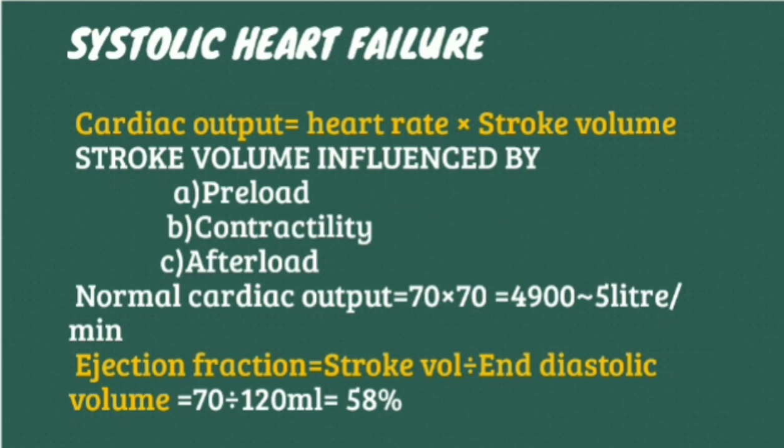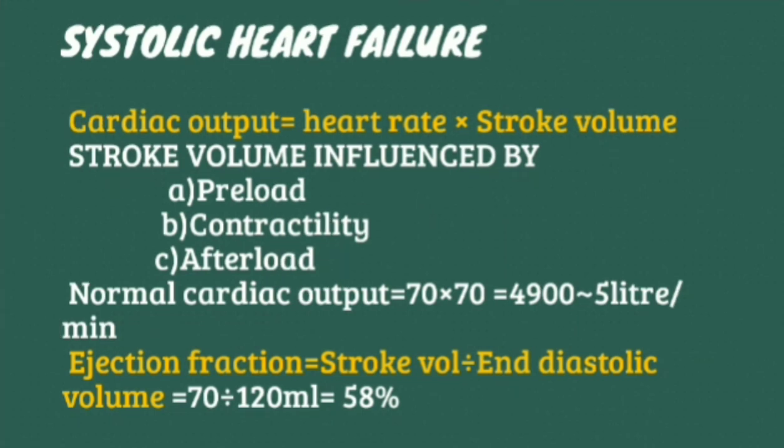But here, for convenience of calculation, let's take heart rate as 70 beats per minute and stroke volume as 70 milliliters. So the cardiac output is 70 times 70, which is equal to 4900 milliliters per minute, approximately 5 liters per minute.